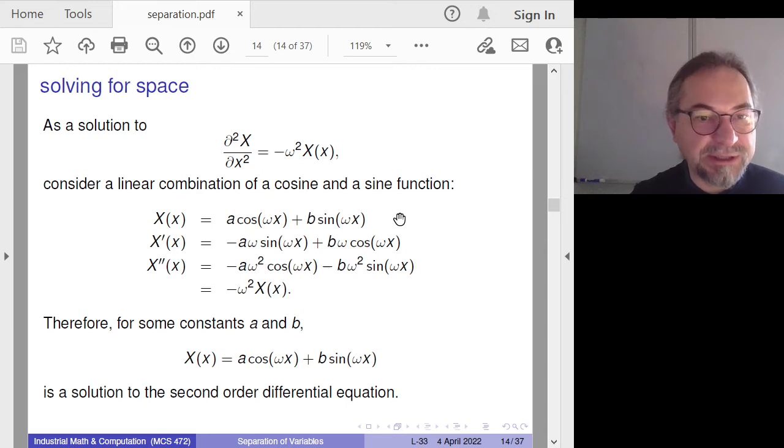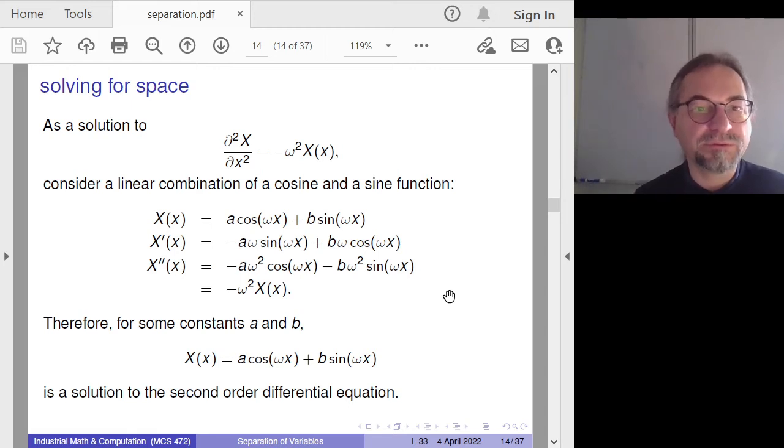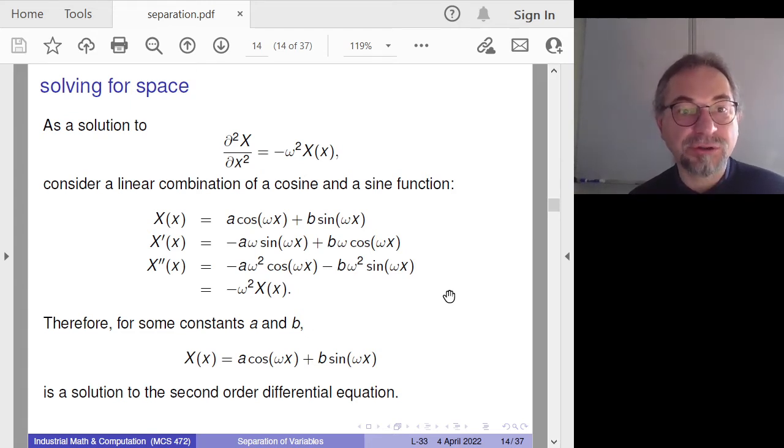As is explained here, you take the derivative twice and you see that the equation follows very naturally. Again, as one can define the exponential function as a solution to a first order differential equation, one can see the definition of cosine and sine functions as the natural solution set to the second order differential equation.